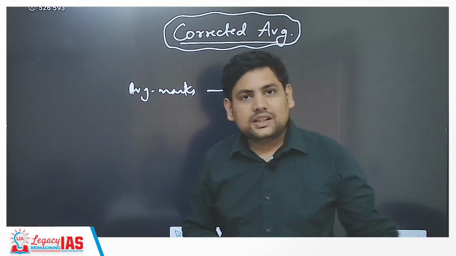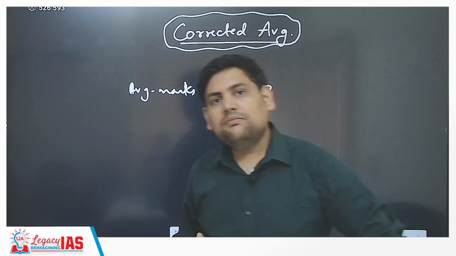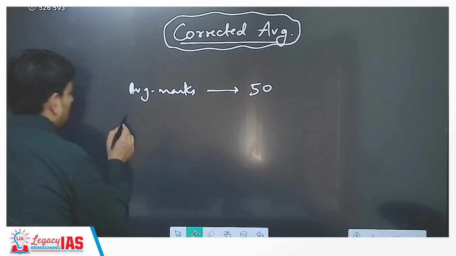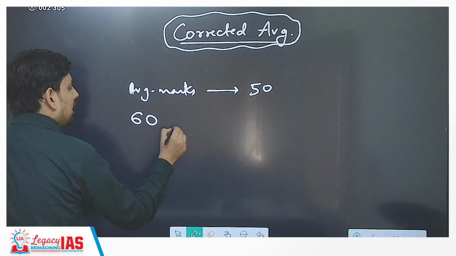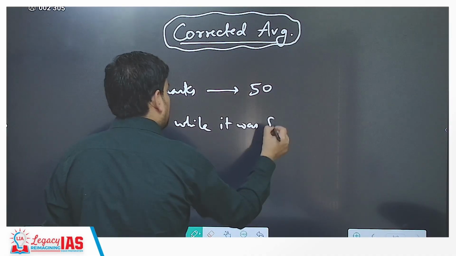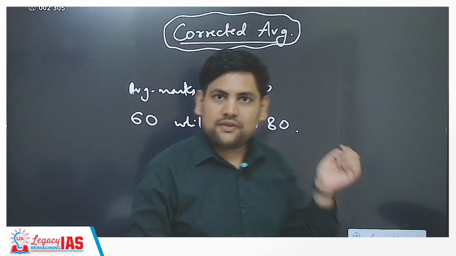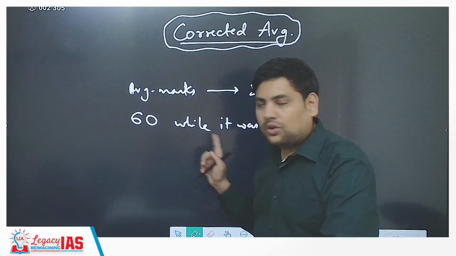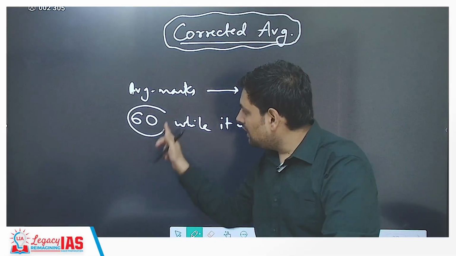Then it is later found out that the marks of one of the students were recorded as 60 while they were actually 80. So originally that student would have gotten 80, but wrongly, when we were calculating the average marks of the entire class, it was recorded as 60.